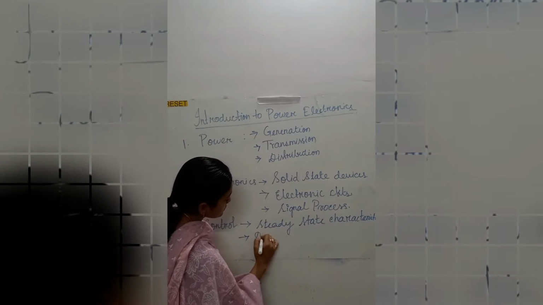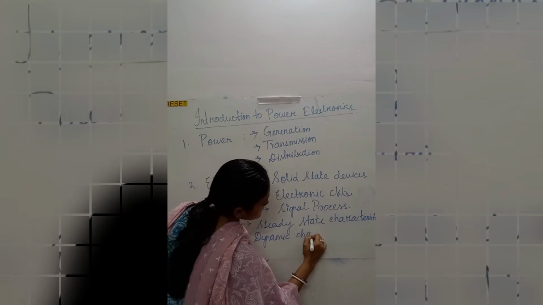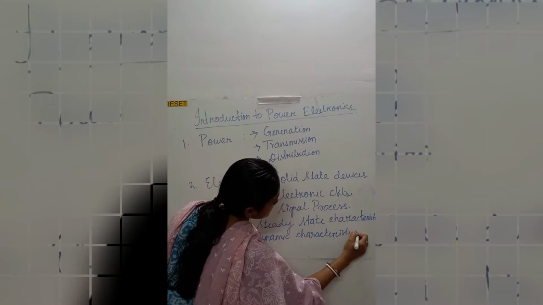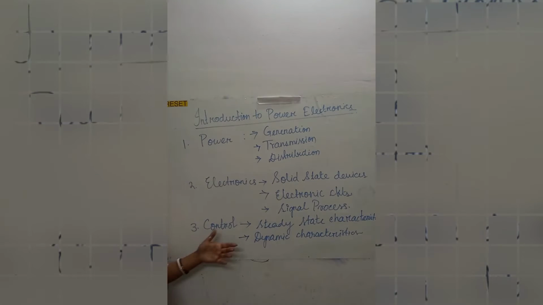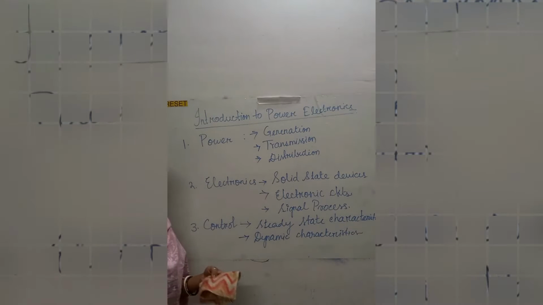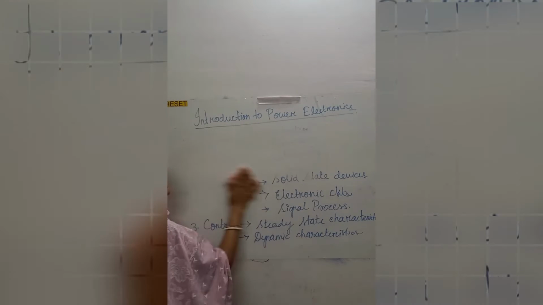Another one is the dynamic characteristics. These two characteristics we always need to know about these devices, how they function, and what the different characteristics of each and every device are.